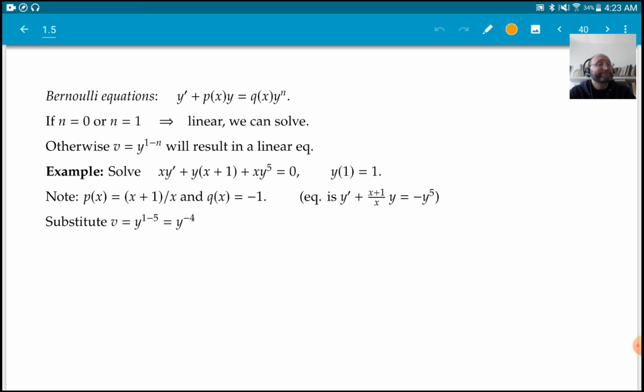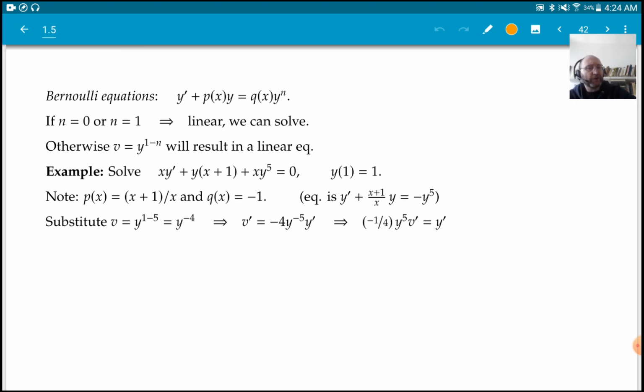All right, so let's do the substitution. 1 minus n, and in this case n is 5, so 1 minus 5 is -4. So we're doing v equals y to the -4. We differentiate, just the power rule, and I get -4 y to the -5th power times y prime, that's v prime.